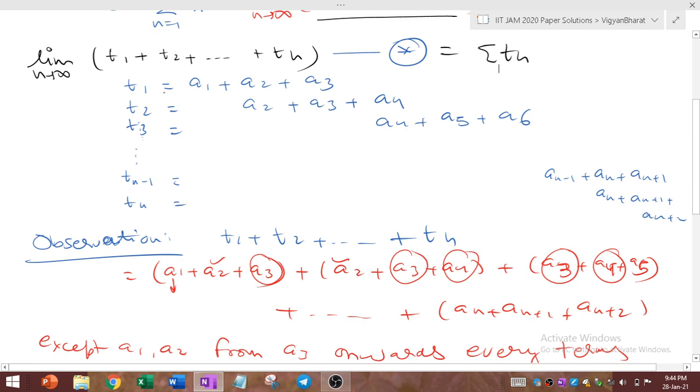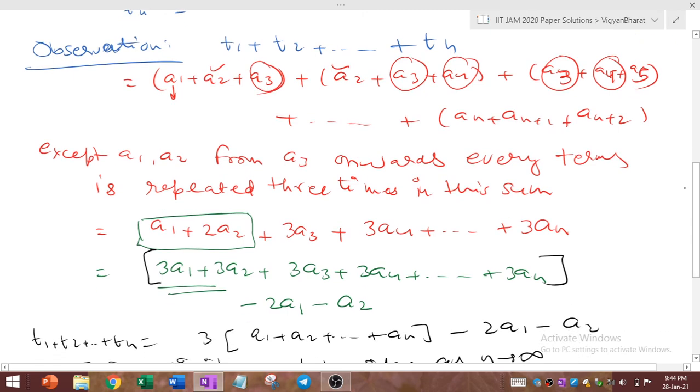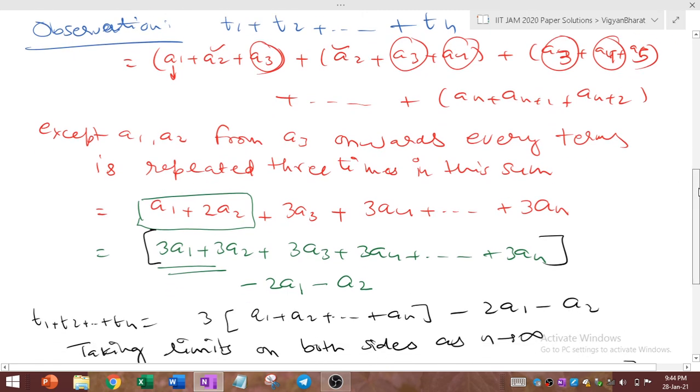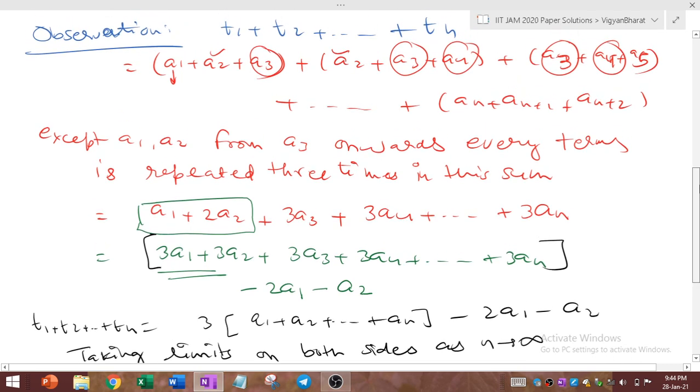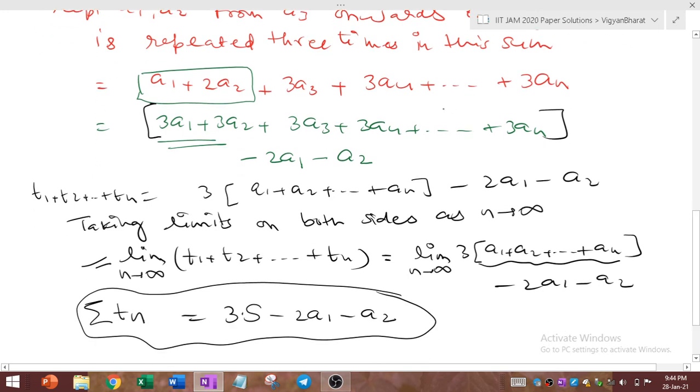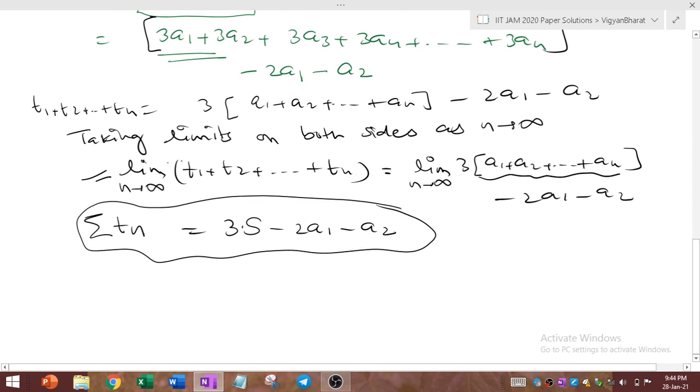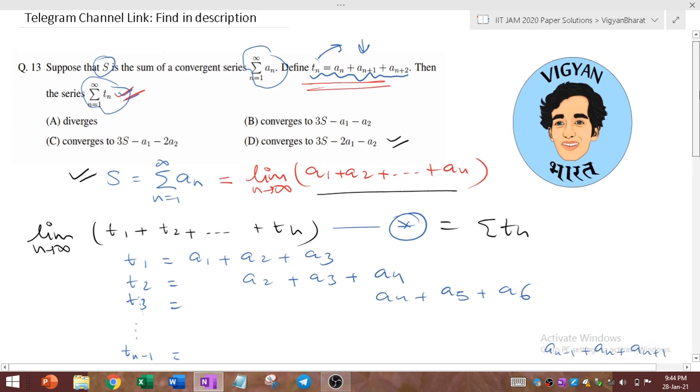We made some calculations, and while grouping the terms, we observed that except the first two terms, from the third term onwards all the terms are repeating 3 times here, and finally we added and subtracted twice A1 plus A2, and finally calculated the limit on both sides. We calculated the limit and came to a conclusion. This is the answer. So option D is correct.